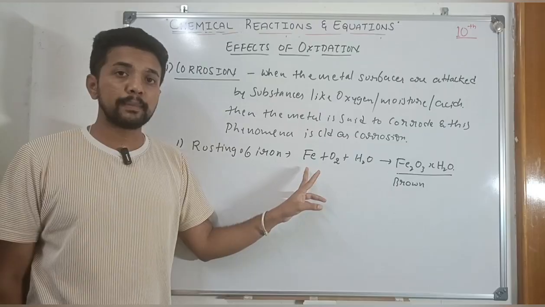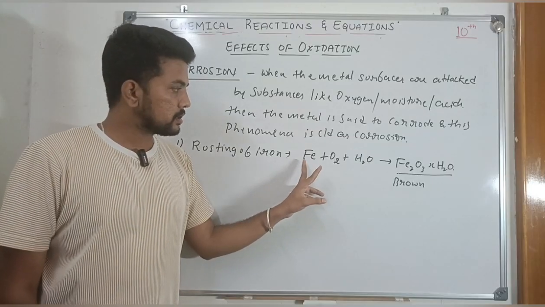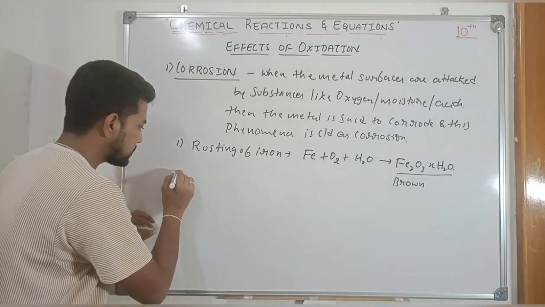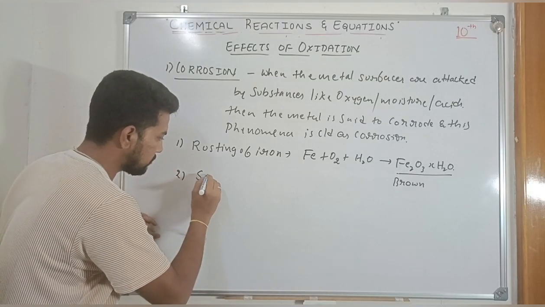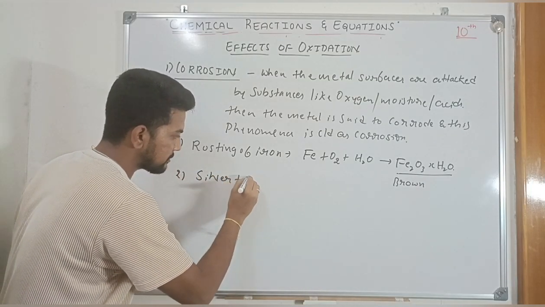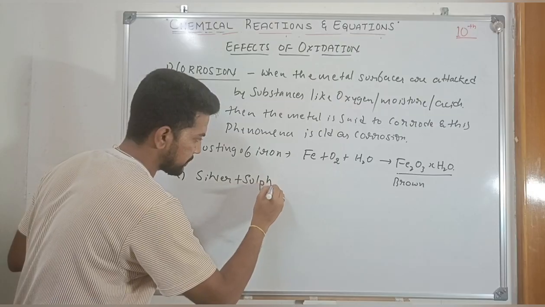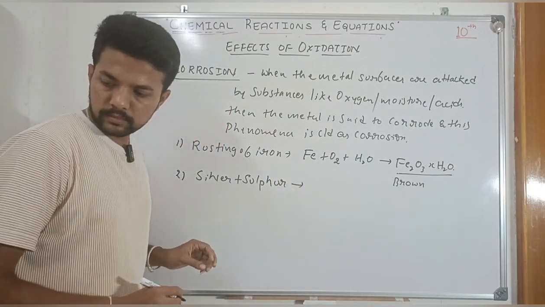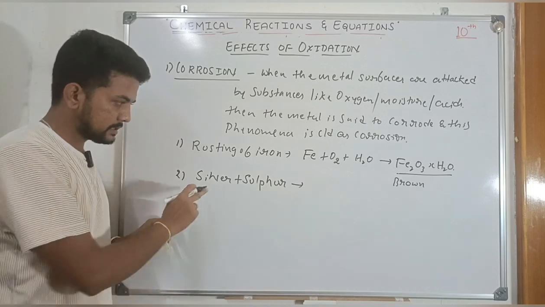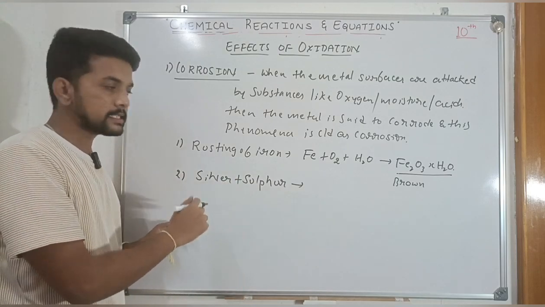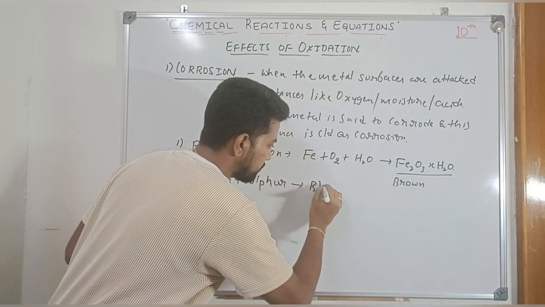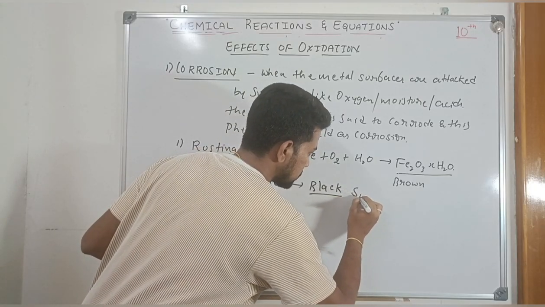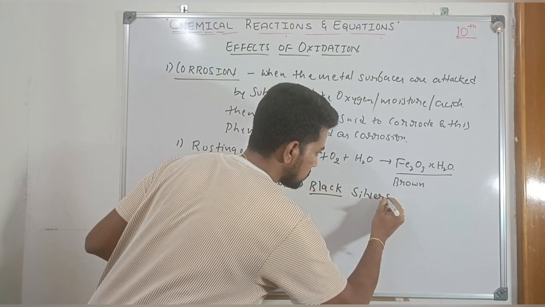This is not a balanced chemical equation. So this is one of the examples for corrosion. And the second one is when silver reacts with sulfur, there is a formation of a black colored coating, that is nothing but silver sulfide.